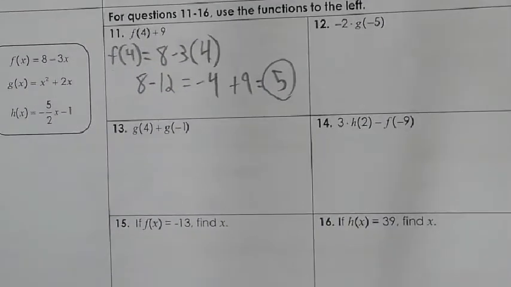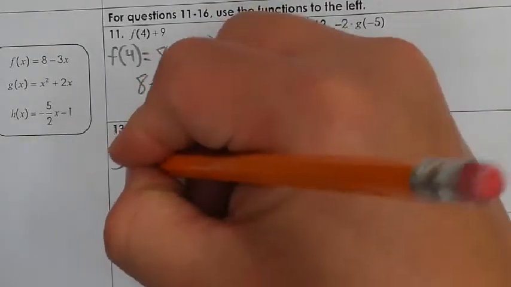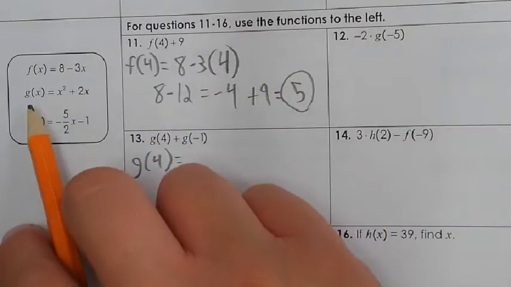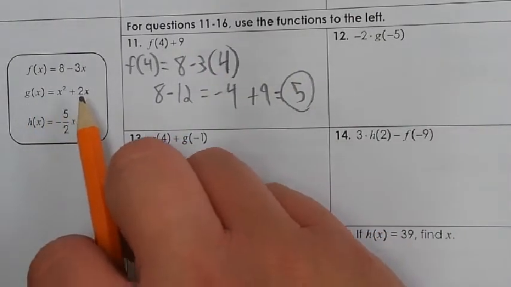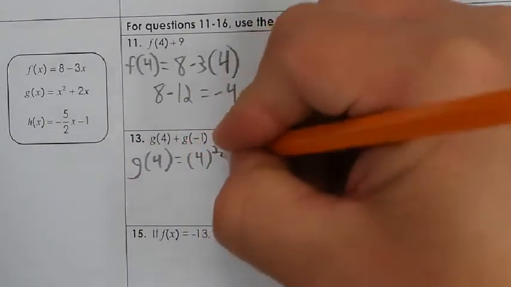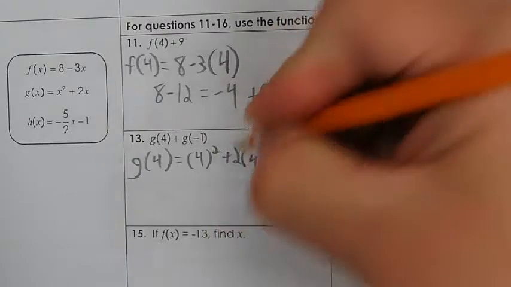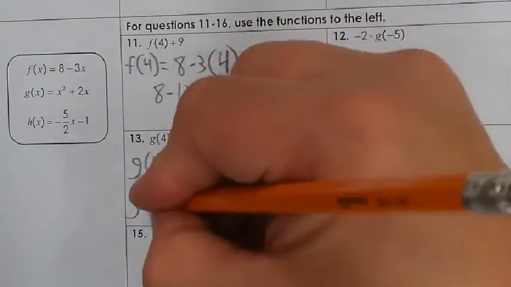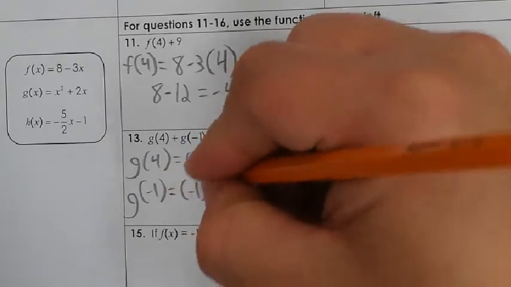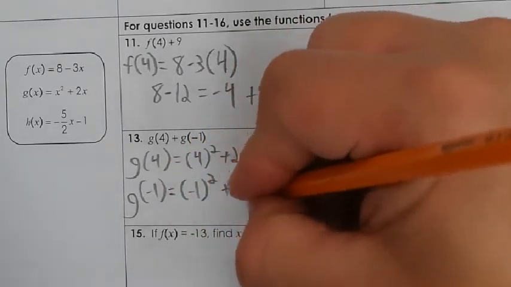Okay. So now let's try another one. I'll try 13. So let's find g of 4. If you look over there to the left, g is x squared plus 2x. So instead of x squared, we're going to put 4 squared plus 2 times 4. And then we're also going to find g of -1. That would be (-1) squared plus 2 times -1.